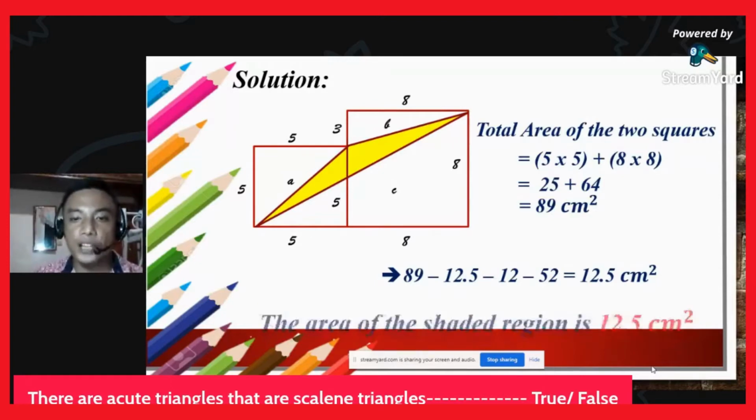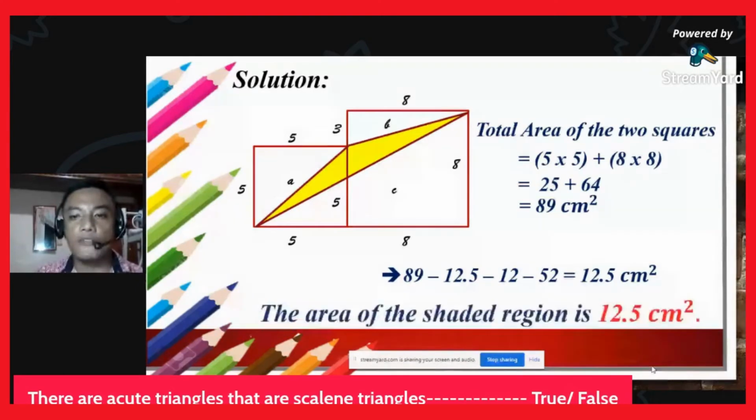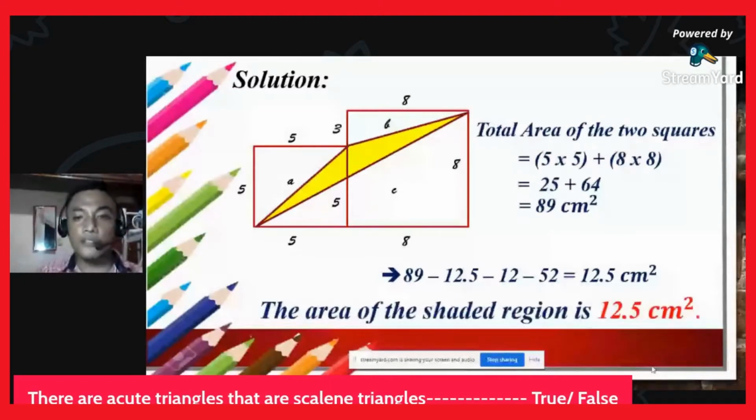Therefore, the area of the shaded region is 12.5 square centimeters. Did we arrive at the same answer?